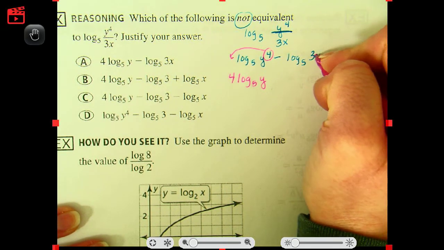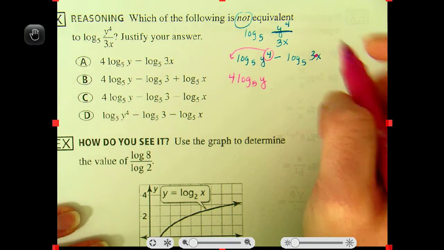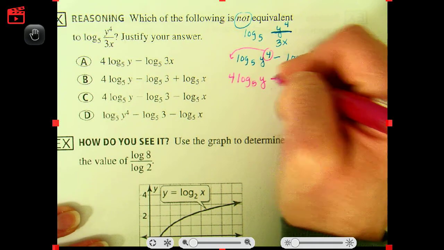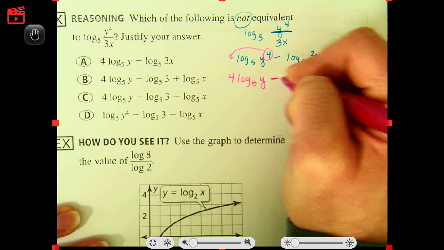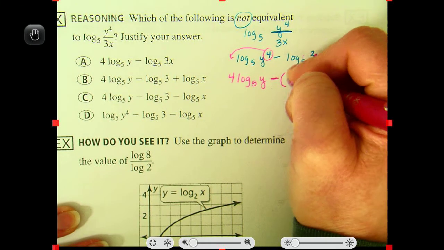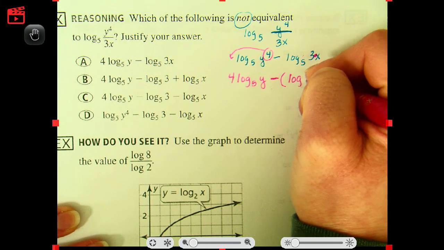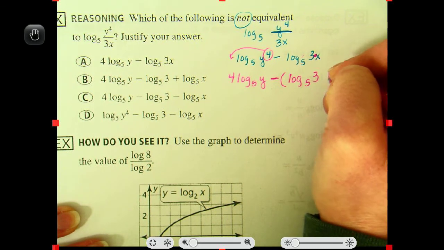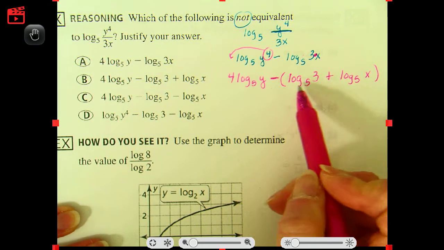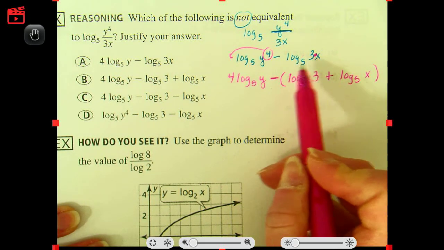So I am going to change this to addition, but here's where silly mistakes are made, because it's minus this whole quantity. So when I change this to addition, I'm going to have to make sure I do minus this whole quantity. So it'd be minus, I'm going to put in parentheses, log base 5 of 3 plus log base 5 of x. But you see how it's still minus that whole quantity, just like it was in the previous step?